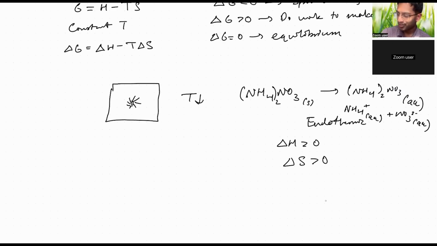Now at room temperature, when we actually compute delta G, which is delta H minus T delta S, what we find is that the delta G overall is less than 0, because the entropy term is dominating so much that it's able to overcome the positive delta H. So even though it is an endothermic reaction and energetically it's not preferable to increase the energy state of the system, because the entropy increase is a stronger driving force than the enthalpy here, the process becomes spontaneous.